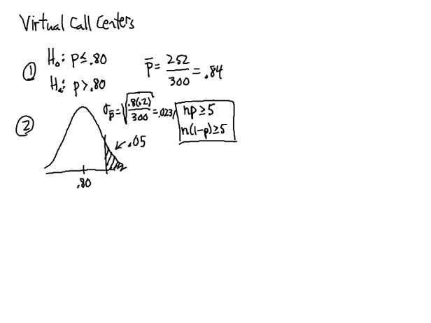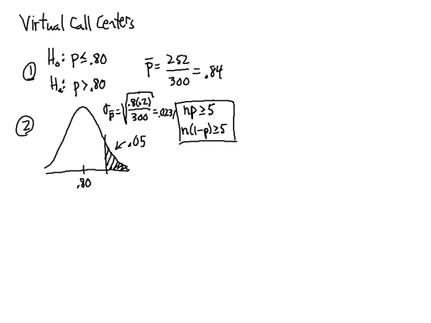So 0.0231 is my standard error, or standard deviation of the sampling distribution. Again, some of the things that we worked with confidence intervals concerning proportions are coming into play here. Our standard error formula is different for averages.